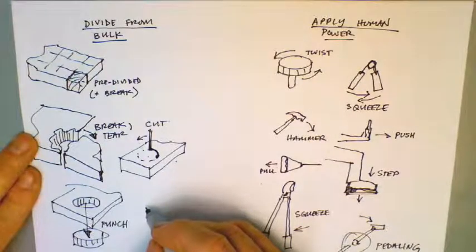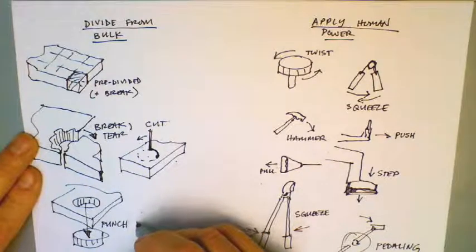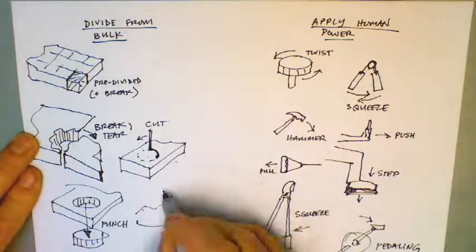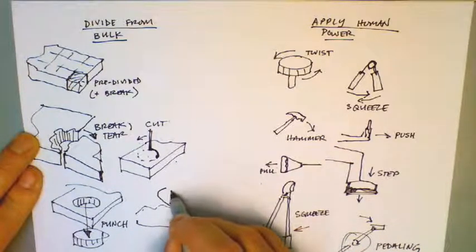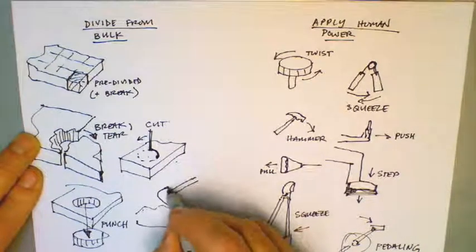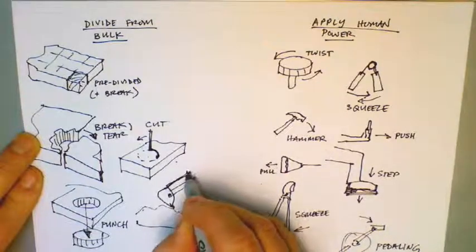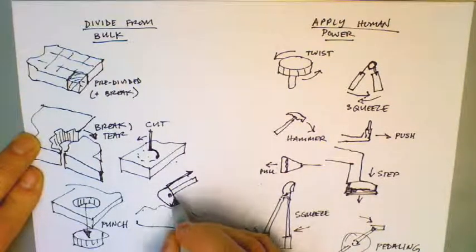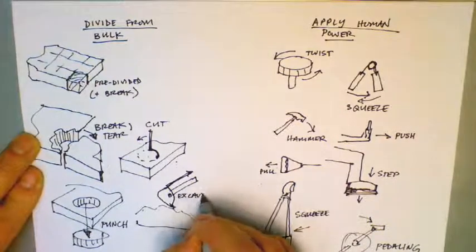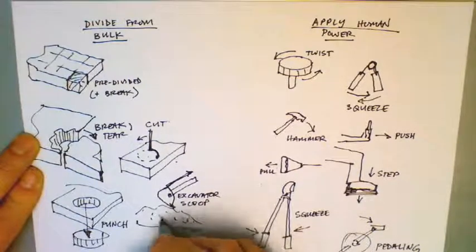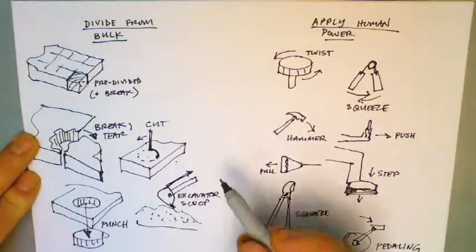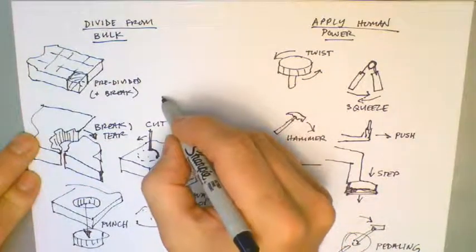Let's imagine there could be, oh, how about the way an excavator works. An excavator shovel has a claw on it, and a big arm and an actuator, and we could call that excavator. Scoop. And how about carve or shave?